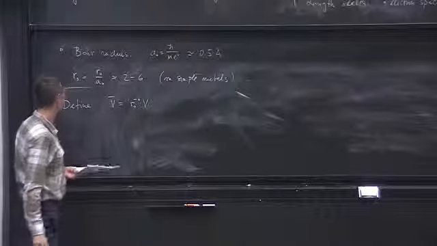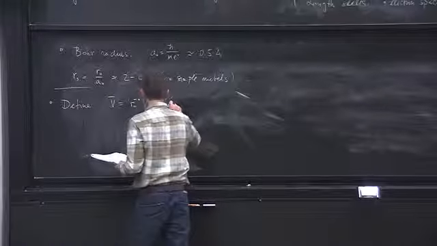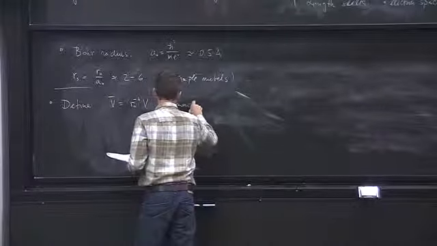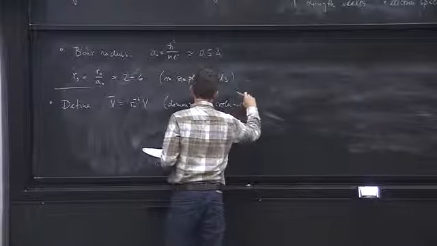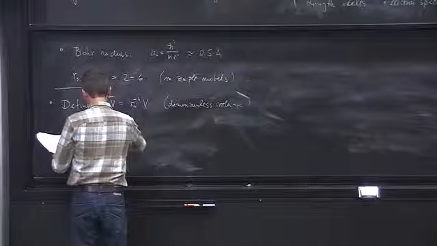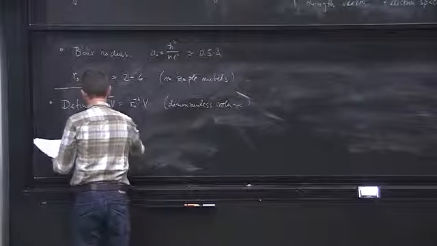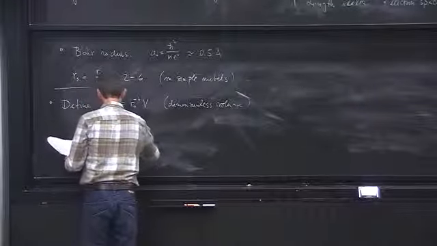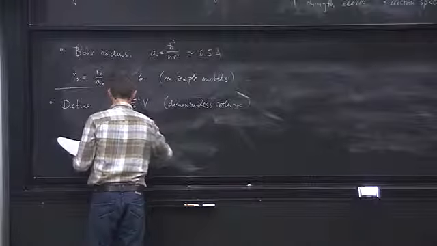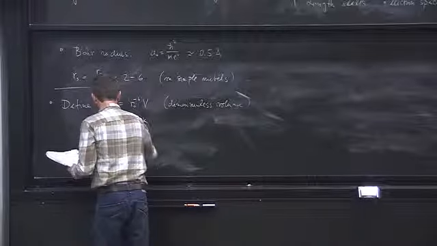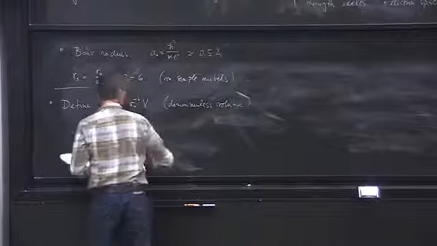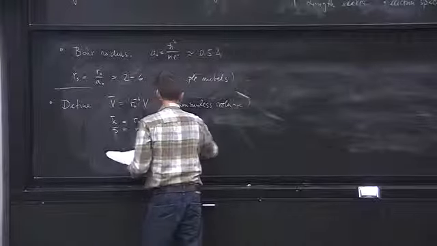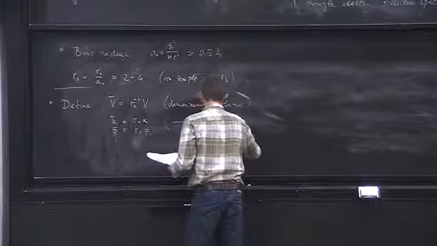So this is my dimensionless volume. And then I define dimensionless momenta by k bar equals r0 times k, p bar equals r0 times p, and the same for q. So these are dimensionless momenta.